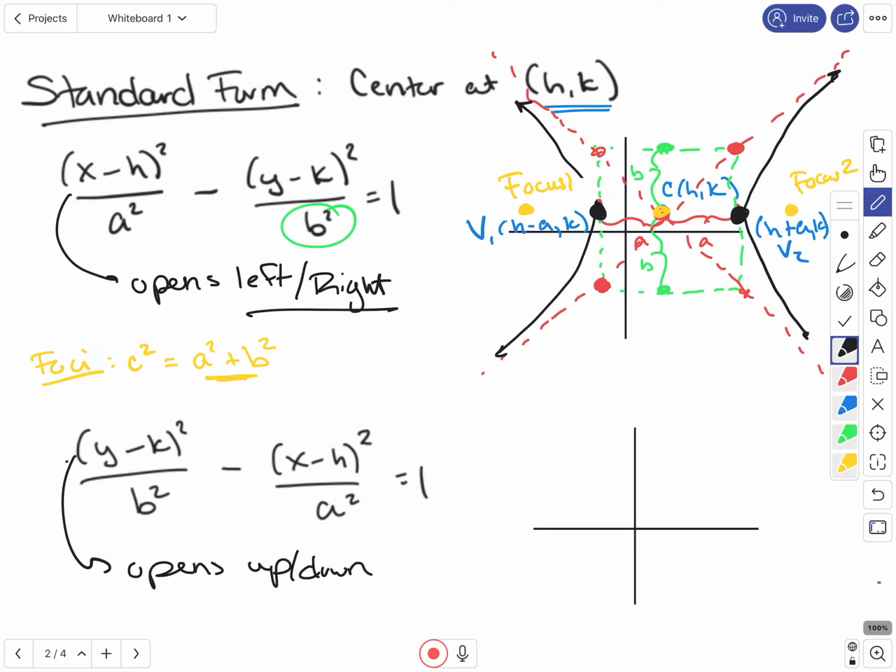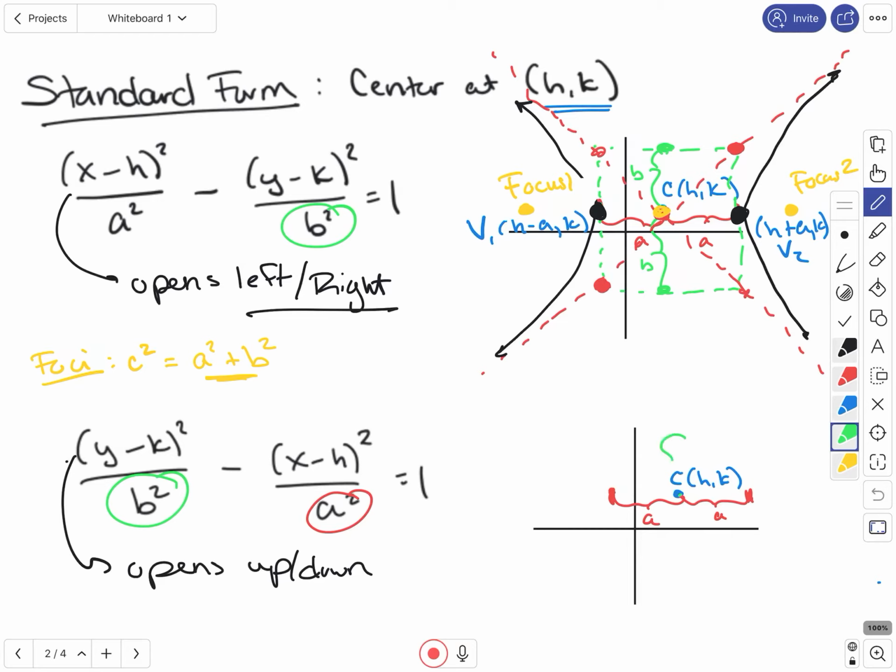So I'm still going to have the center at (h, k). The number underneath the x value, the a squared, is going to tell me how far to go left and right. So again, a units to the left and a units to the right. That'll give me the edge of my box. The square root of the number under the y tells me how far to go up and down.